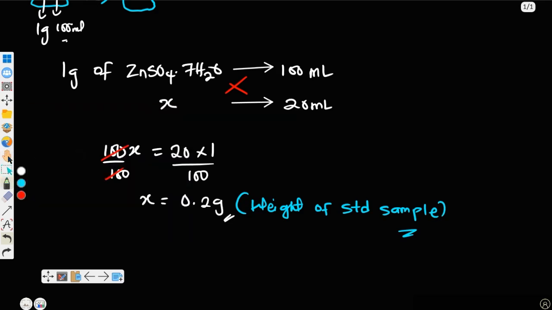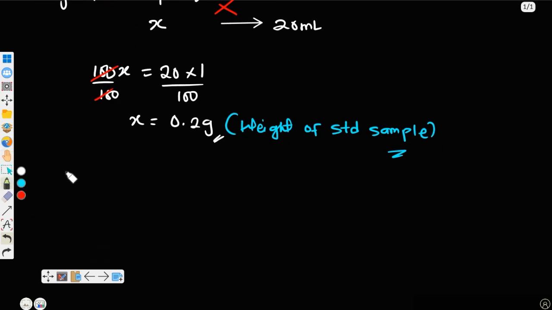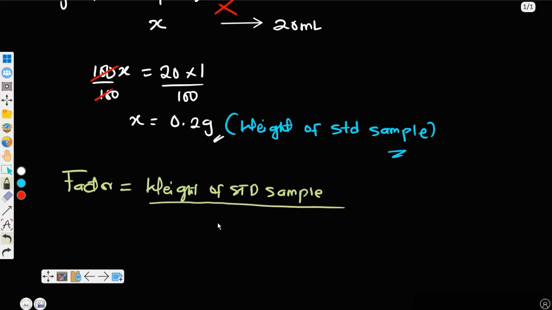We are told that our factor formula is equal to weight of standard sample, right, all over milli equivalent times titer value.